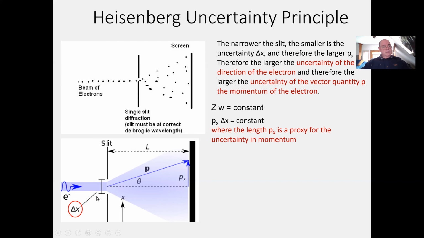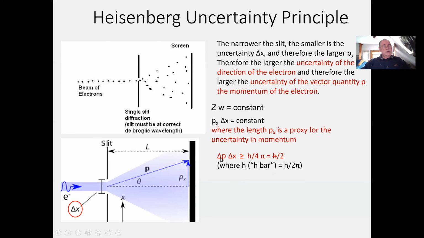So the diagram is calling this delta x. So here is a measure of the uncertainty of the position at this place. It's got to be from here to here, and the direction it takes from here is in these various different directions. And the width of the center bright band, we'll take as a proxy for the uncertainty in the momentum. And so we have this product here.